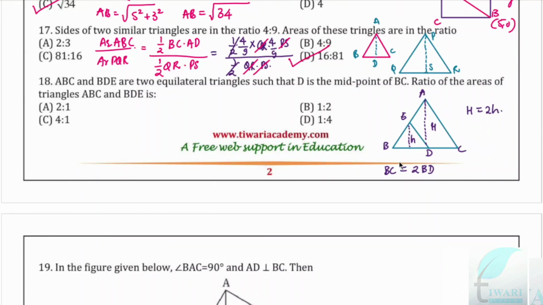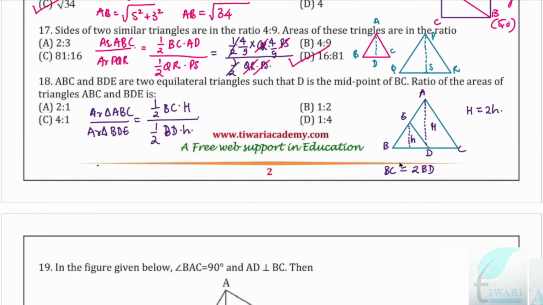Okay. Now tell me, area of triangle ABC divided by area of triangle BDE will be half base, what is the base? BC for triangle ABC, BC into AD, that is equal to capital H, divided by half BD into small h.